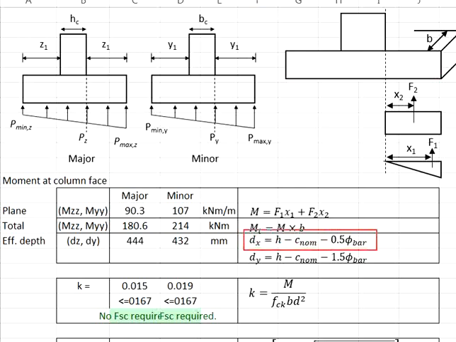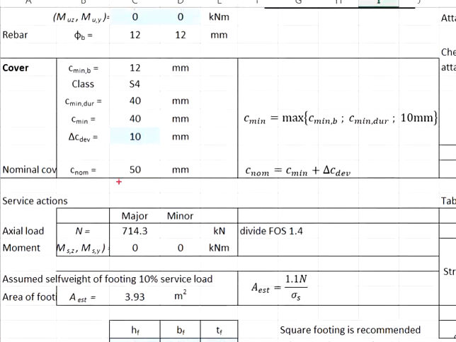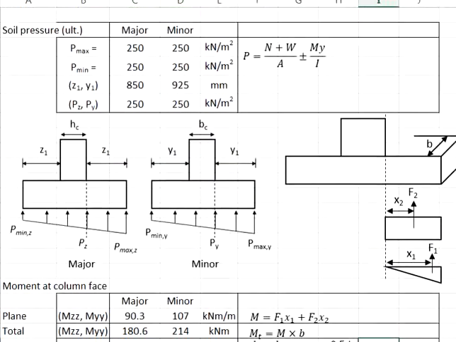In the major axis, the effective depth is calculated from the height of the foundation minus the nominal cover minus half of the bar size. The proposed thickness of the foundation was 500 mm. The calculated concrete nominal cover is 50 mm, as calculated previously.